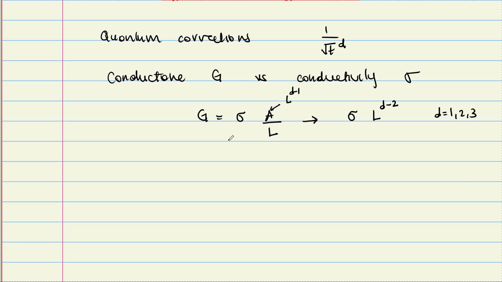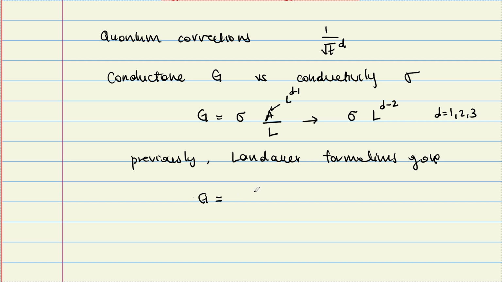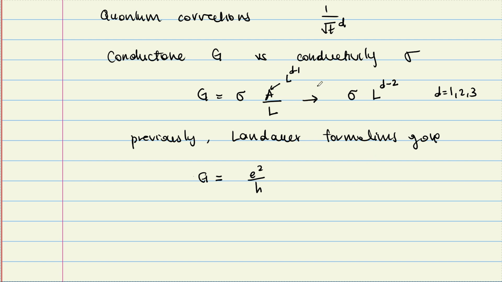We need to have this in mind, but also previously the Landauer formalism gave that G was proportional to E squared over H. And in this case, I need to get something like this.